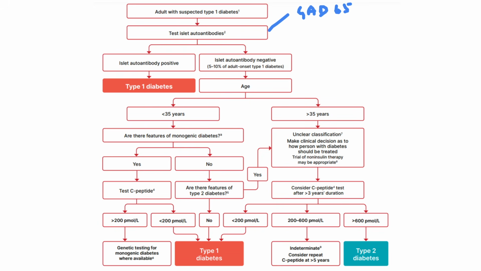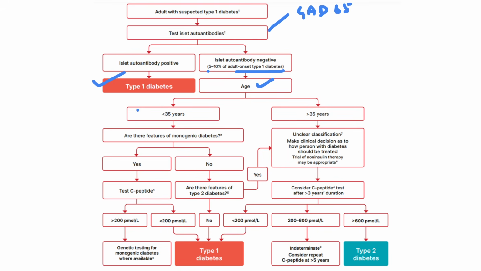If the patient is not on insulin treatment, then we can also order anti-insulin antibody. If antibody is positive, we can directly label it as type 1 diabetes. If it is negative, then we have to consider the age of the patient. 5 to 10% of adults with type 1 diabetes can be antibody negative.